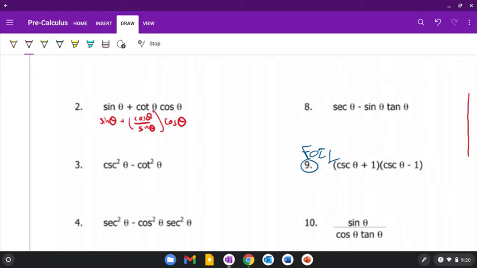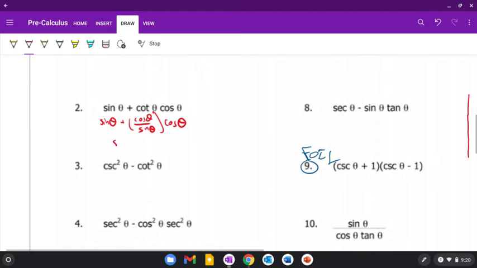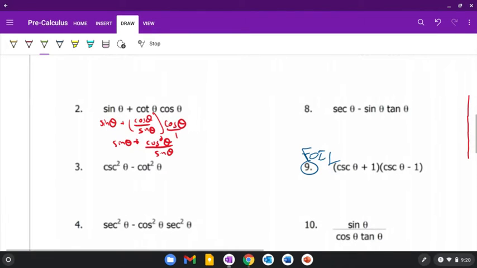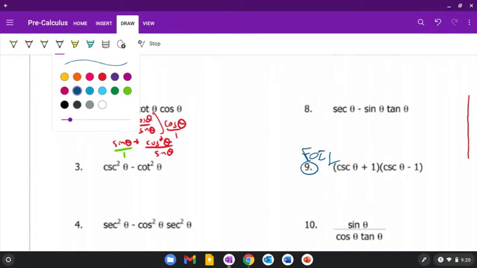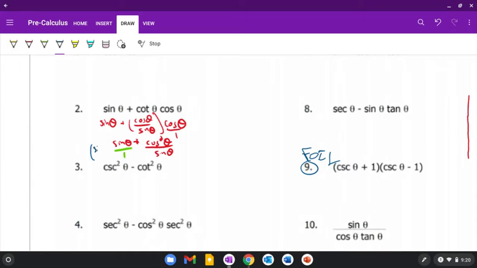And what you'll notice here, we'll get sine of theta plus cosine squared theta over sine theta when we multiply, right? Because cosine times cosine is cosine squared. We need to add these together. But the first one is actually just over 1, so we can't add these together without a common denominator. To get that common denominator, we're going to multiply this one times sine of theta over sine theta.